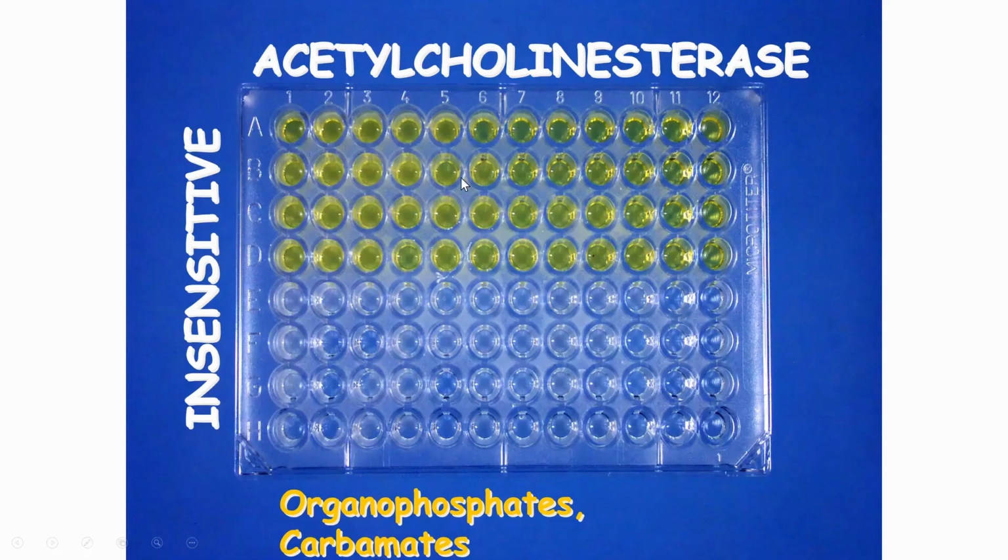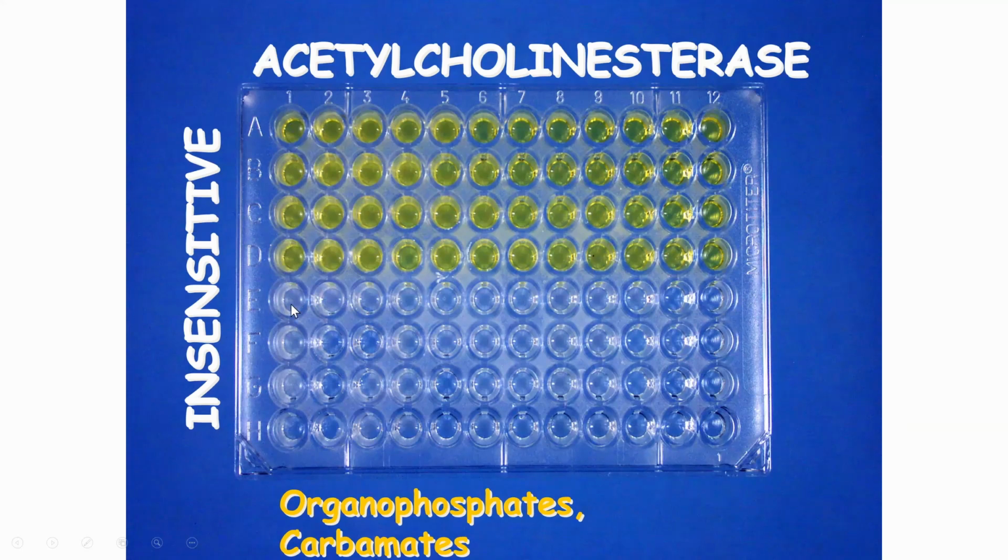And for acetylcholinesterase, if we use these kits, if it is yellow, it indicates that acetylcholinesterase is present. These are 4 replicates, and this is another 4 replicates from the same mosquito. These are all single mosquitoes.